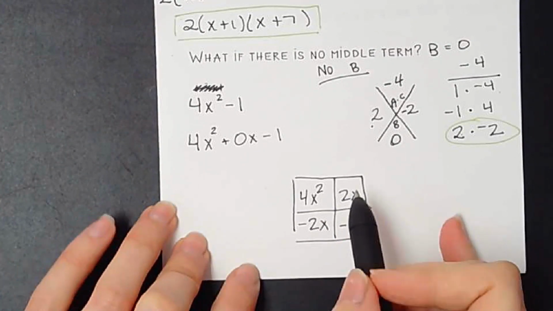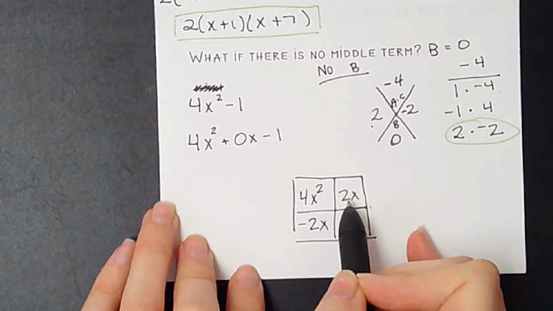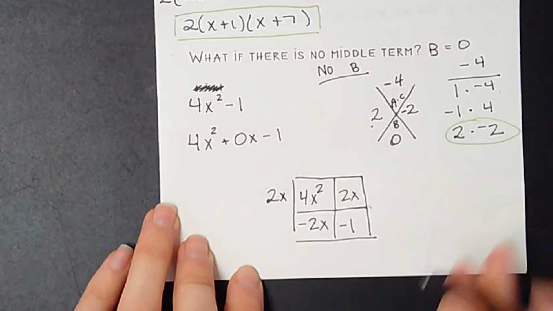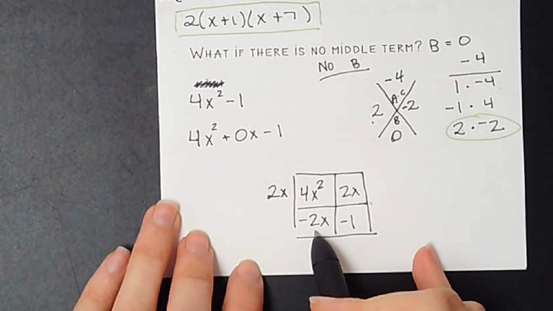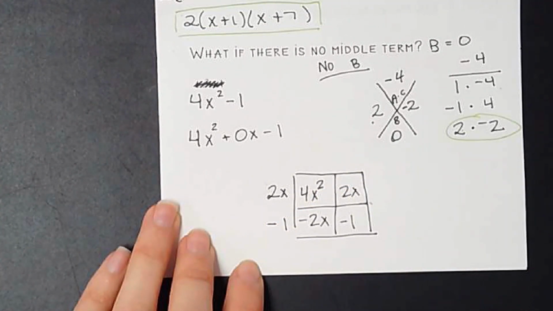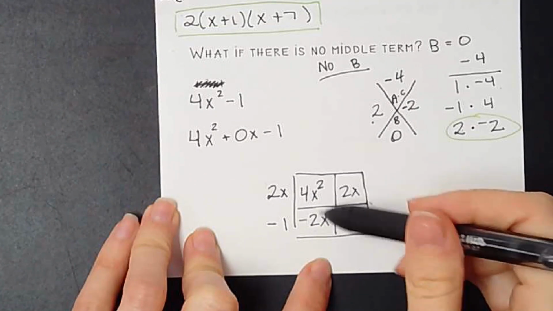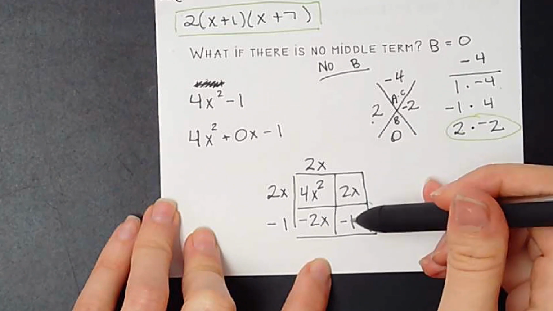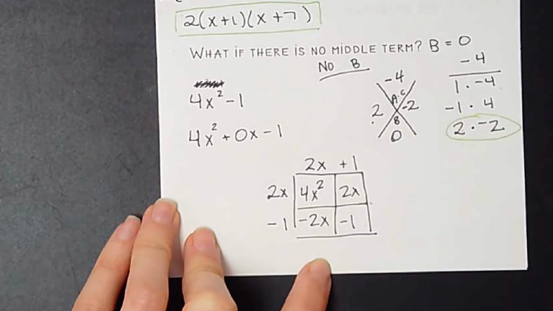So if we start finding our GCF of each row, my GCF for 2x and 4x squared is 2x. My GCF for negative 2x and negative 1 is negative 1. GCF for 4x squared and 2x, well, that's also 2x. And here they both have a positive 1 in common.